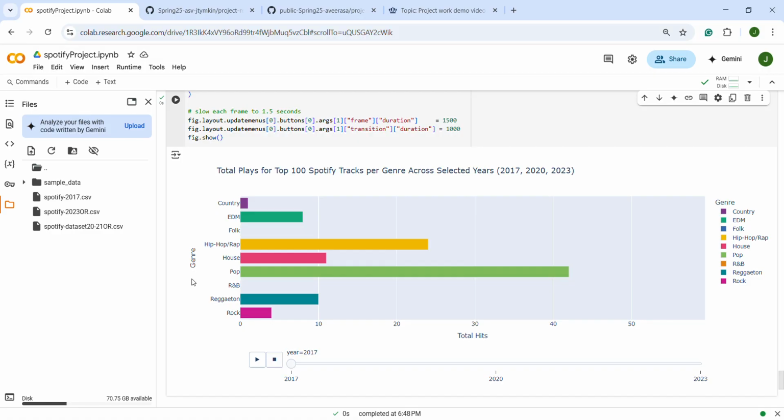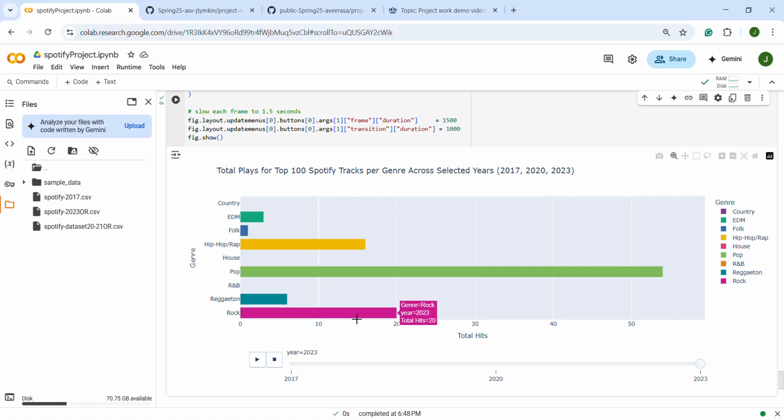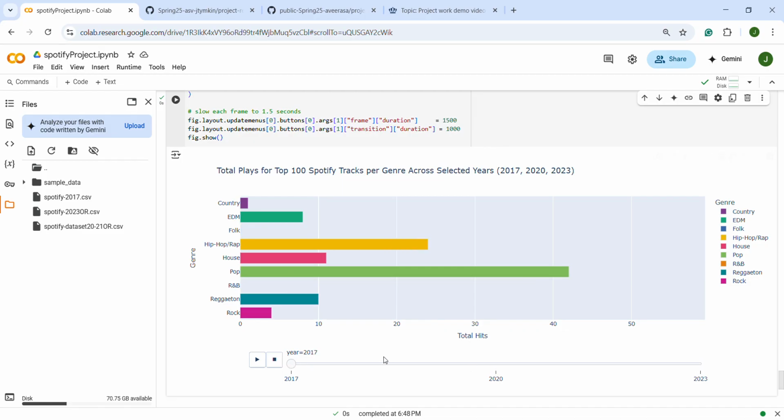Here I really thought just pop would go up, but let's play it. Yep, and then we can see rock and pop actually went up, and everything else went down, which was really surprising. When I think about it, it kind of makes sense, because 2017 into the 2020s, there was some electric music, but not that much.